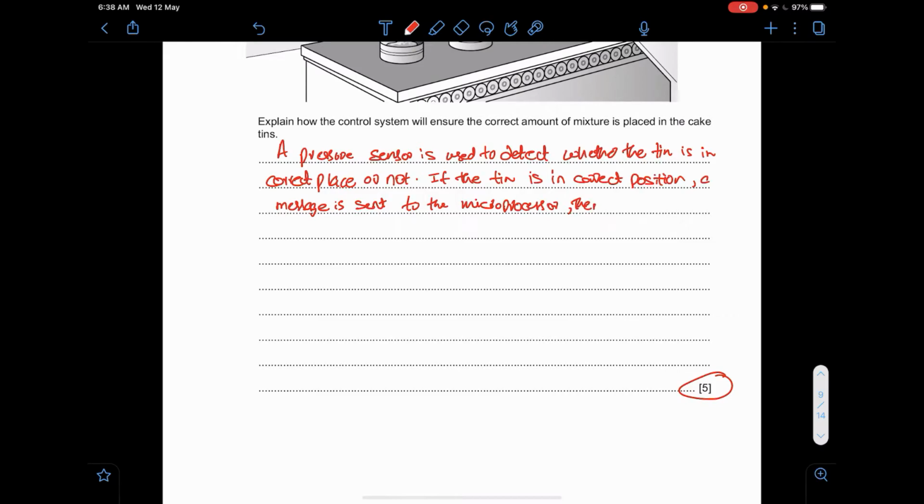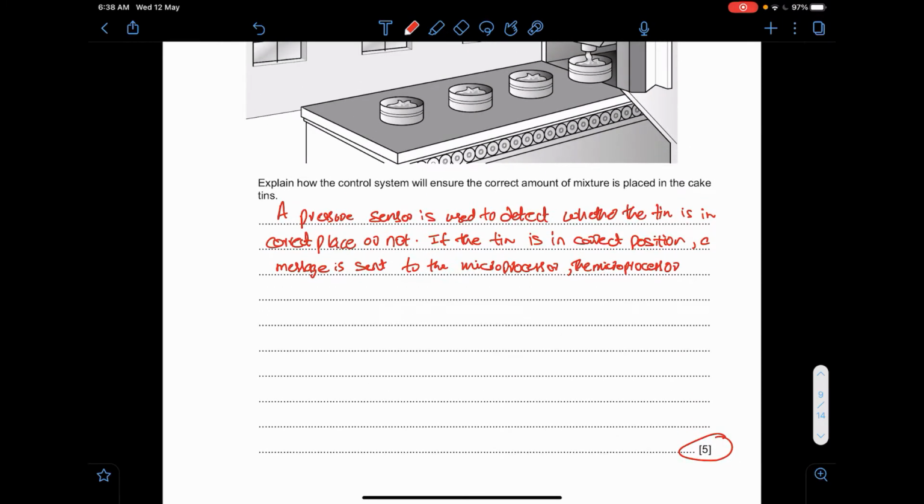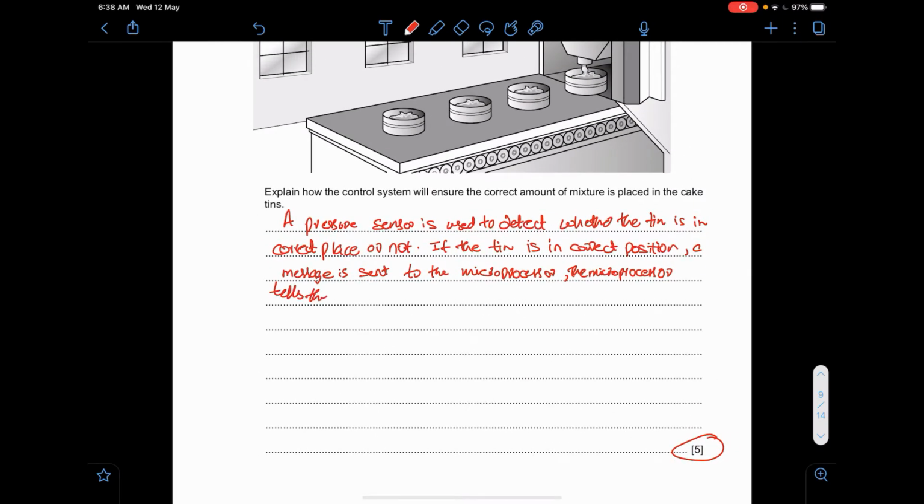So the microprocessor has to give out 2 commands in this specific scenario. The microprocessor tells the actuator 1 to stop the conveyor belt, right? So that is your first thing, that you're first gonna stop the conveyor belt.